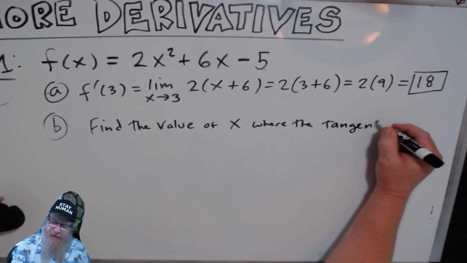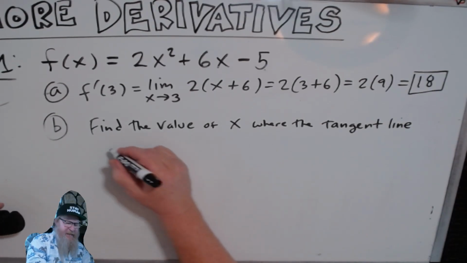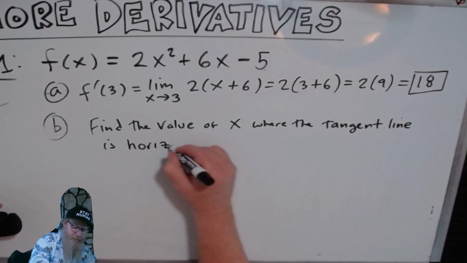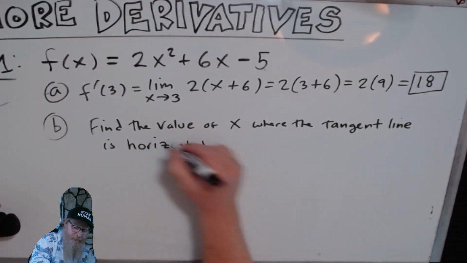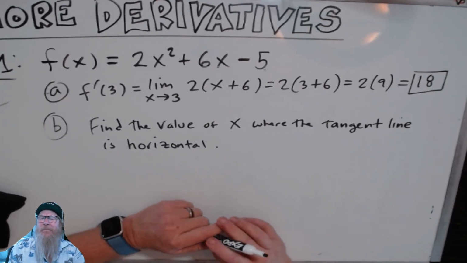And I want to ask a secondary question. Find the value of x where the tangent line is horizontal. Yeah, that's the second question.